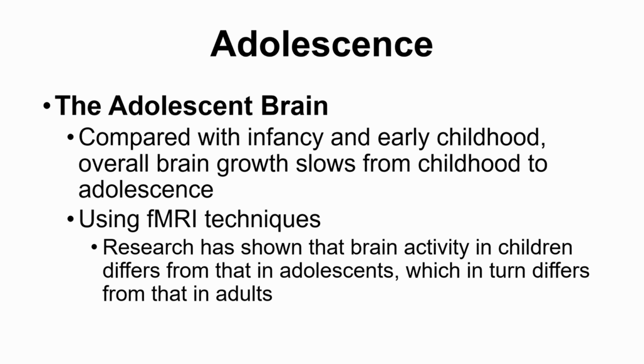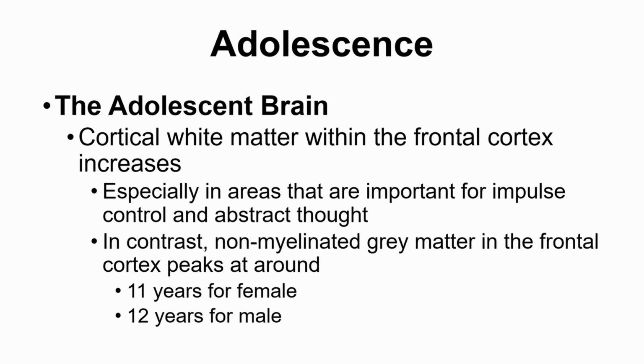But activation changes, connections change. And in fact, if we look at functional MRI, looking at different parts of the brain, they'll find that children have their own distinct patterns, adolescents have their own distinct patterns, and adults have their own distinct patterns. Because once again, our brains are not fully formed, not fully mature until at least the mid-20s. So there are definitely differences in terms of those connections.